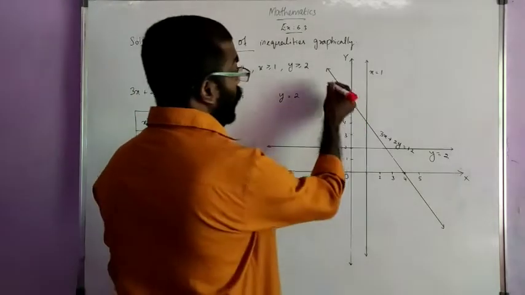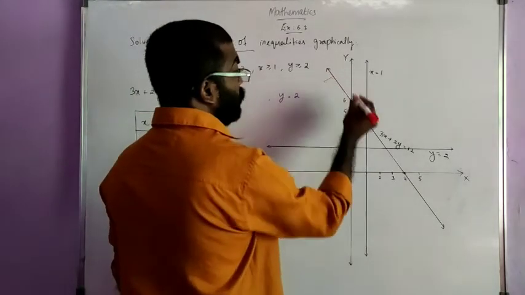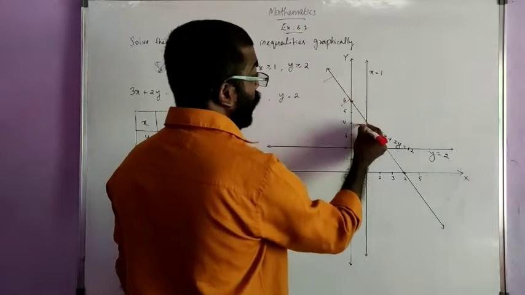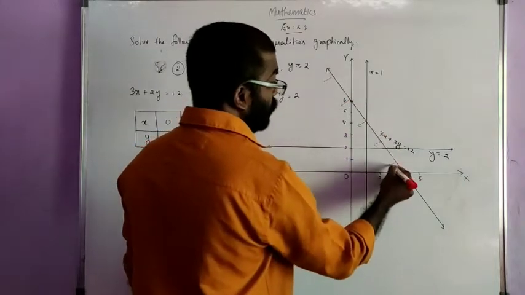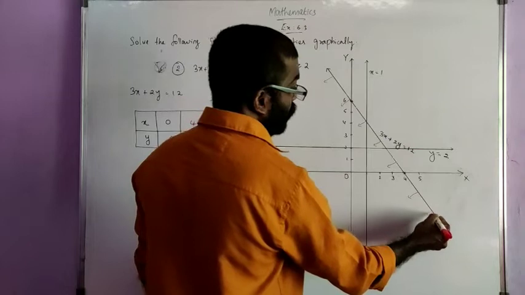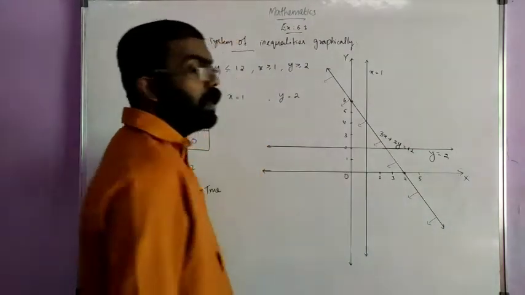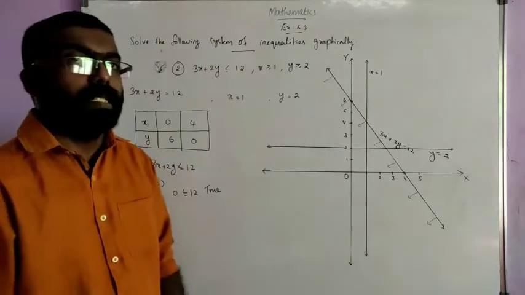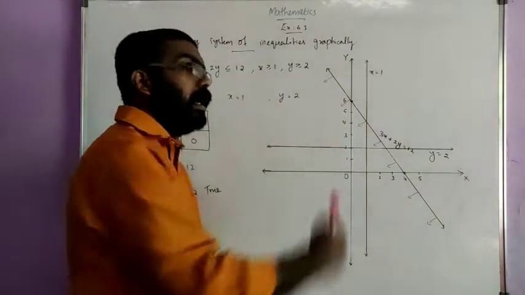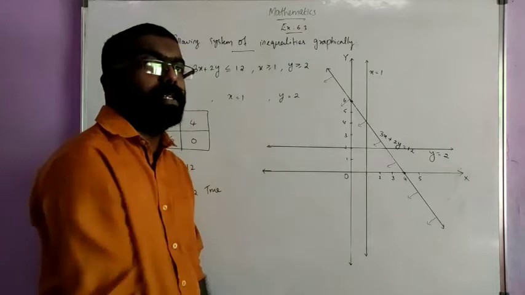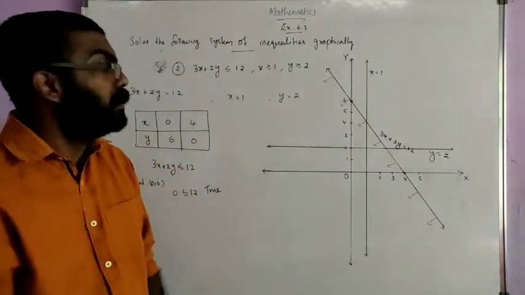Okay, so we can take the left half plane or the lower half plane. Okay, for this line 3x plus 2y is equal to 12, the solution region is the lower half plane or the left half plane. Right.